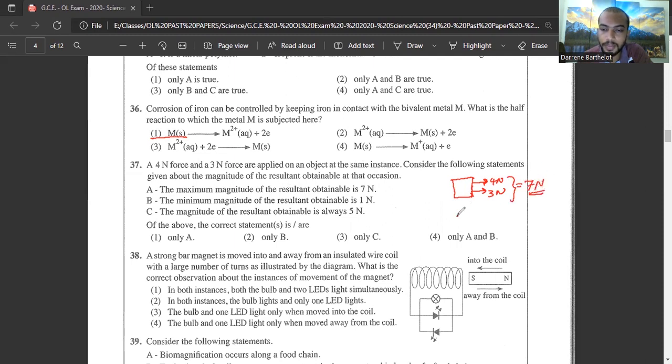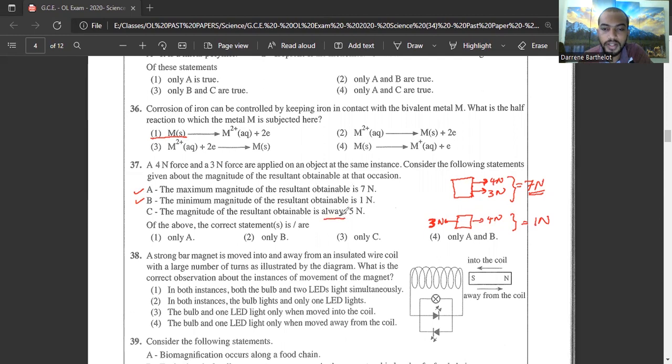To find the minimum, the forces should act in opposite directions, right? So 4 Newtons and 3 Newtons applied in opposite directions give a resultant of 1 Newton. So A is correct, B is also correct. Minimum is 1 Newton. C: the magnitude of the resultant obtainable is always 5 Newtons. That's wrong.